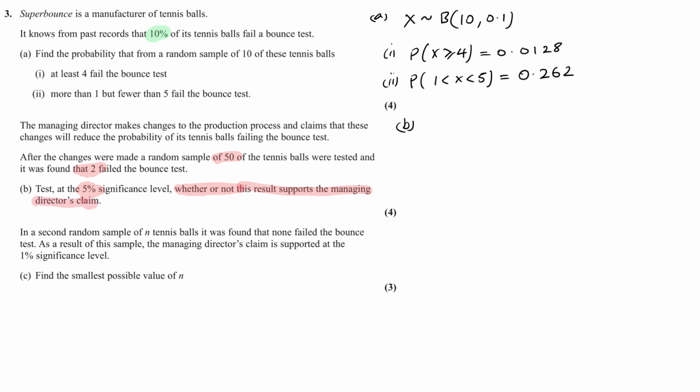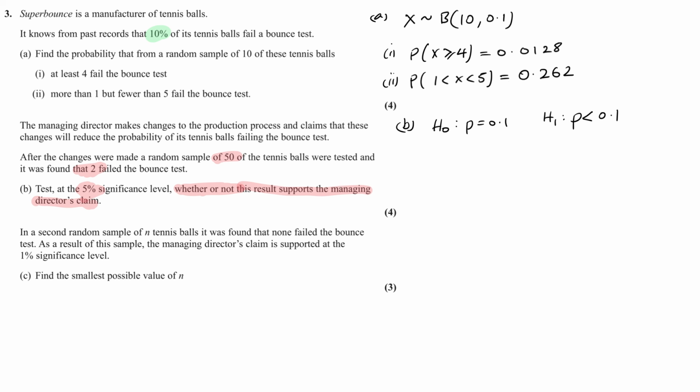So what is his claim? That the changes would reduce the probability. So we're looking at H1 being a less than, so it's a one-tailed test again. Our H0 is that the probability equals 0.1, and H1 is that the probability is less than 0.1.